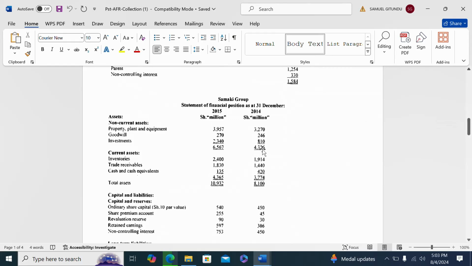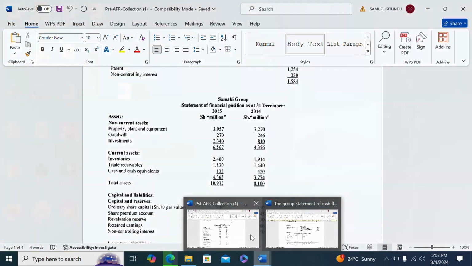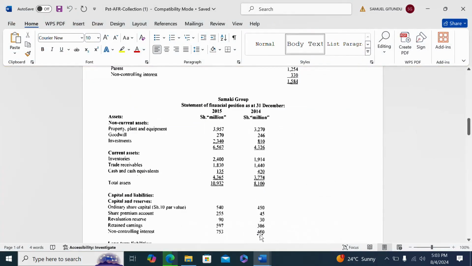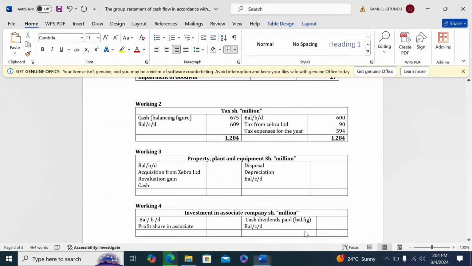So the balance brought down was 270. Then the balance carried down was 3957. Then acquisition from Zebra.